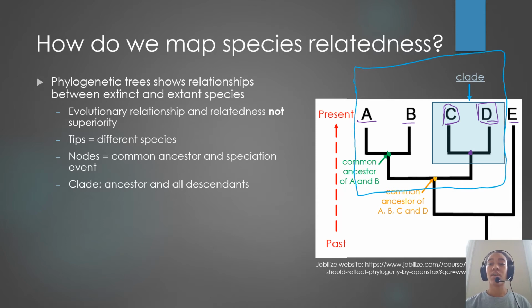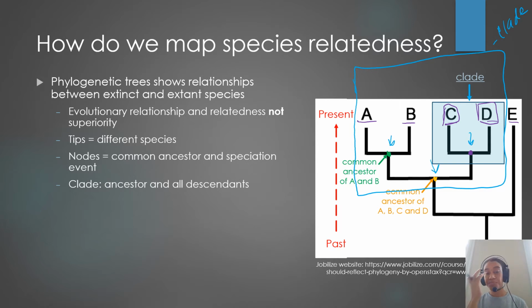This would also be a clade, and it would be the clade that includes species A, B, C, and D, their most recent common ancestor, and then the ancestor of their ancestors, right? So it would include A, B, C, and D, this species, and then this one here.